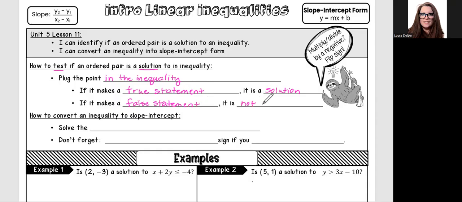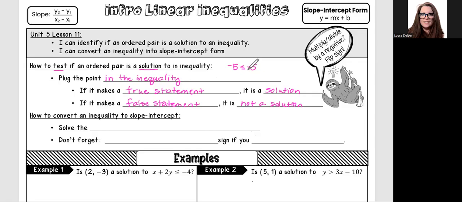You would remember this from earlier when we tested to see if something has one solution, no solutions, or infinitely many solutions. To remind you, if it's a true statement, you'll end up with something like -5 is less than or equal to -5.